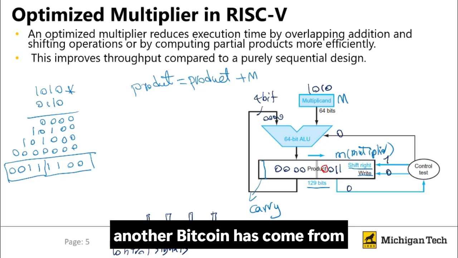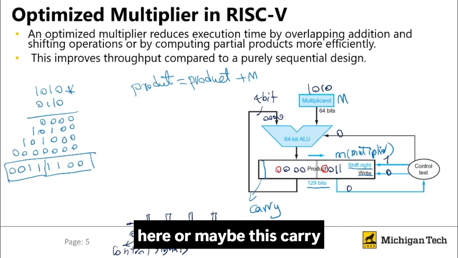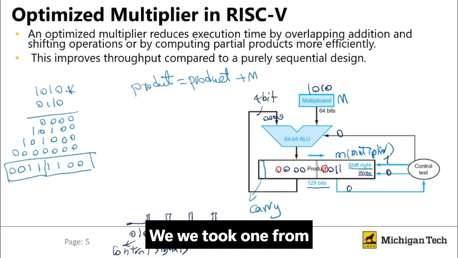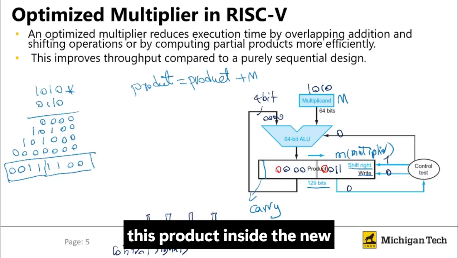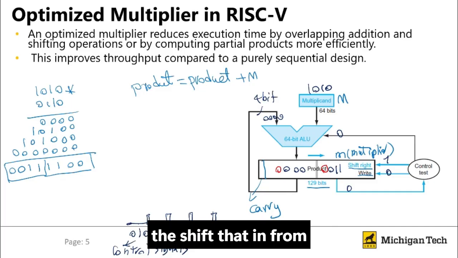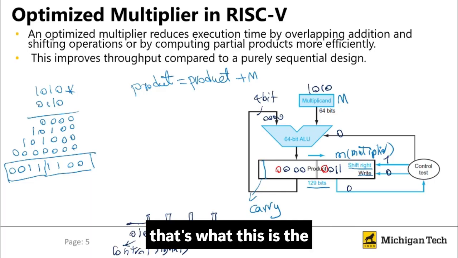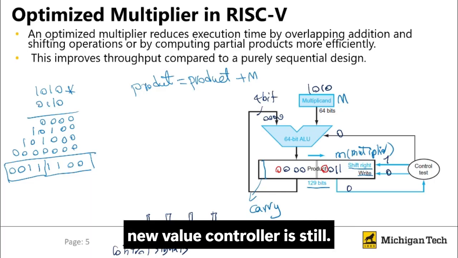And another bit comes from here, or maybe this carry goes inside. So these 2 red ones mean we took 1 from this product inside the new multiplier, and we shifted in from the most significant bit 1 0. So this is the new value.